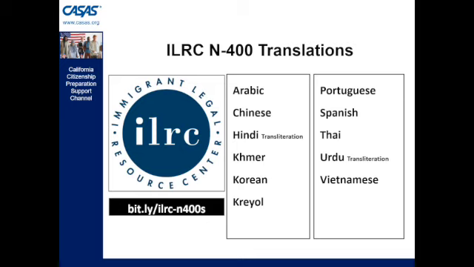ILRC has the translations of the N-400, usually the version from 2016. Students cannot use these N-400 translations to apply for citizenship, but it's always better and gives students some more confidence if they understand the document that they're going to be signing, which is going to help them get their citizenship.